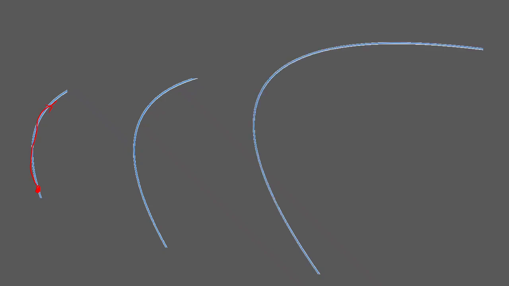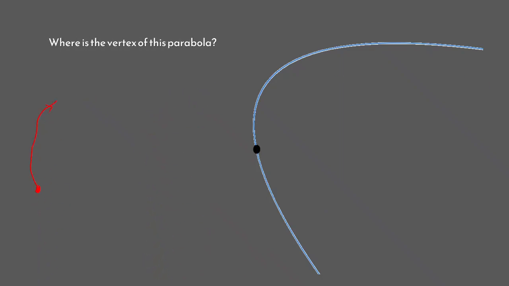It's not an easy question. Once we have this whole section of a parabola, we begin to feel where the vertex is, somewhere around here. But mathematically, I have to figure out the vertex and also the axis exactly.